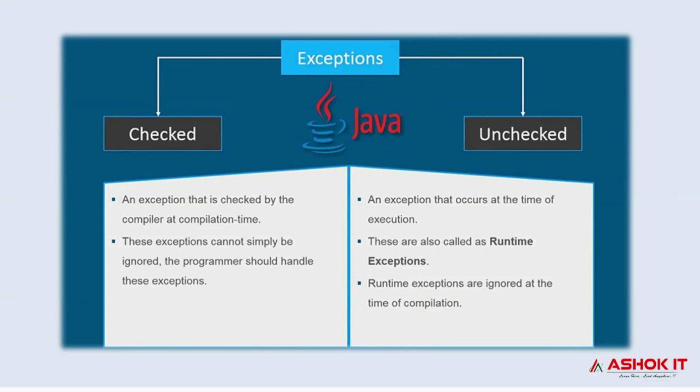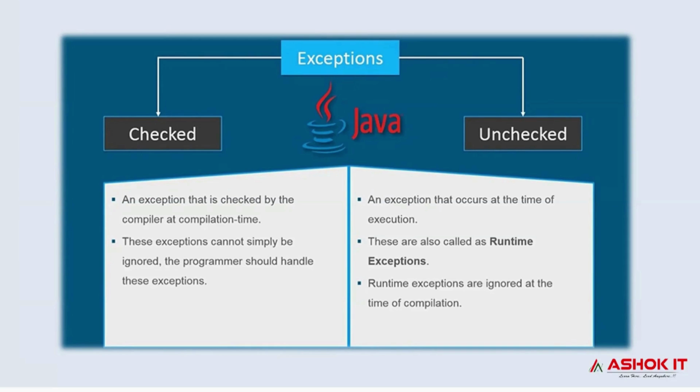So basically, unchecked exceptions are built-in exceptions in Java. Checked exceptions cannot be simply ignored. The programmer should handle these exceptions, and runtime exceptions are ignored at the time of compilation.